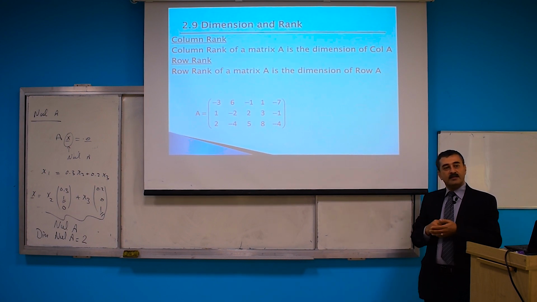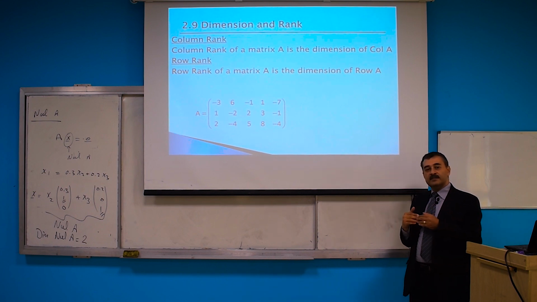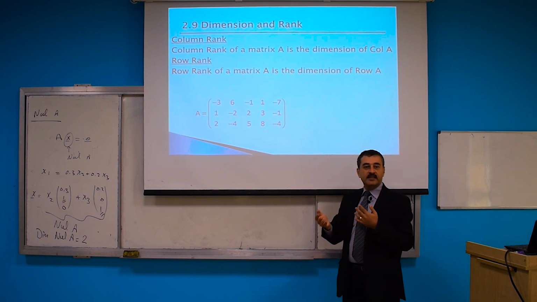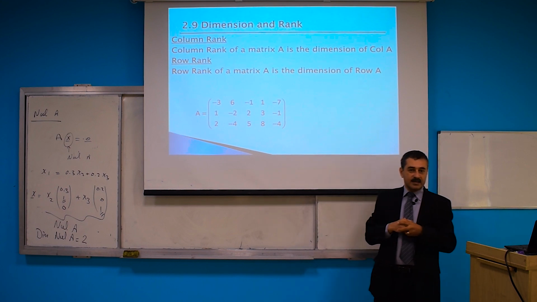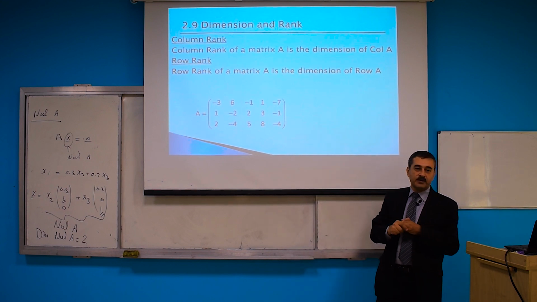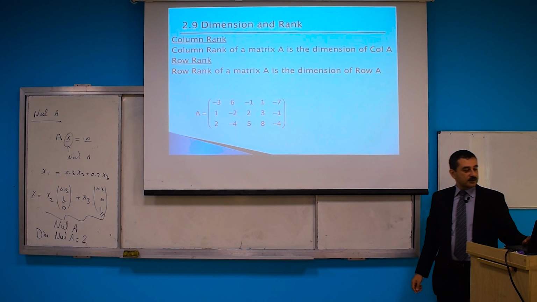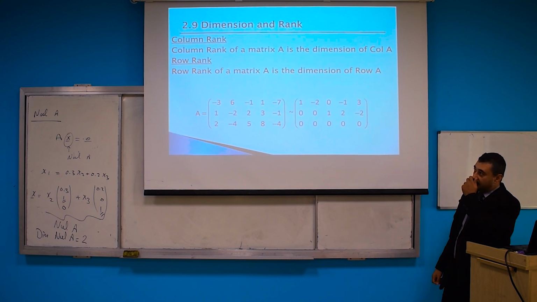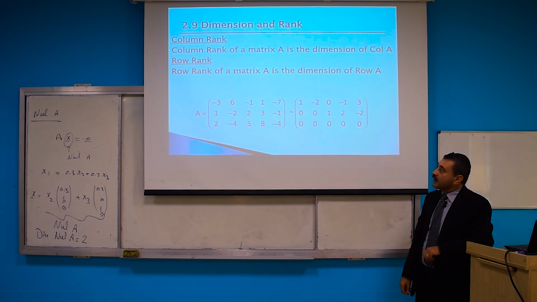To find a basis, you first have to find the linearly independent vectors among these guys. We do this through reduction, using Gauss elimination, and after reduction you end up with this reduced matrix.